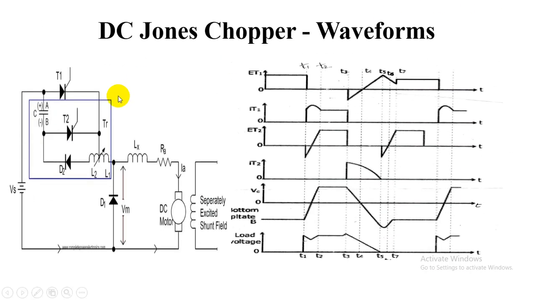So the entire operation we can understand by considering the waveforms for the DC Jones chopper. Here it is very easy to understand, and we can see the voltage across thyristor T1, voltage across thyristor T2, and current flowing through thyristor T1, current flowing through thyristor T2, and the voltage building up across the capacitor, which is the load voltage.